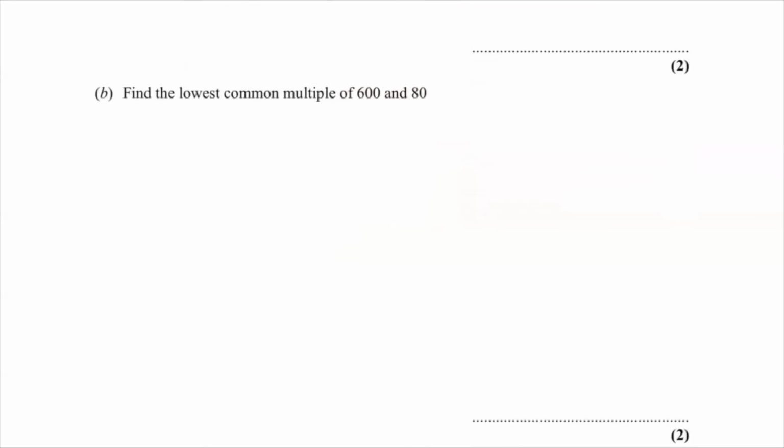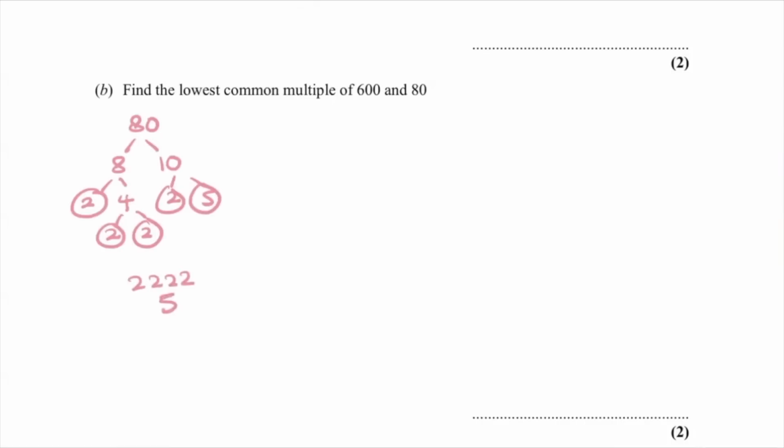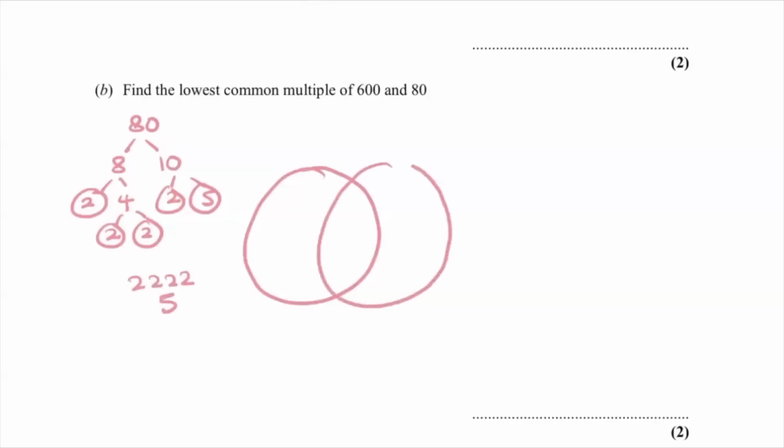All right, the second part is using our answer from the first part and asking us to find the lowest common multiple with 80. We're going to repeat the process and get the factors for 80. So that gives us 4 2s and a 5. And then we're going to pop the information into a Venn diagram. From the previous question, we had 4 2s, a 3, and 2 5s.